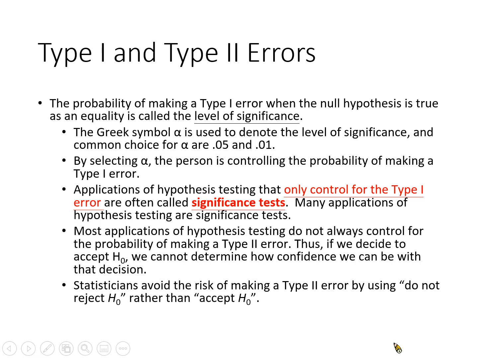By selecting alpha, the person controls the probability of making a type 1 error. If we do the hypothesis test this way, we also call it the significance test.